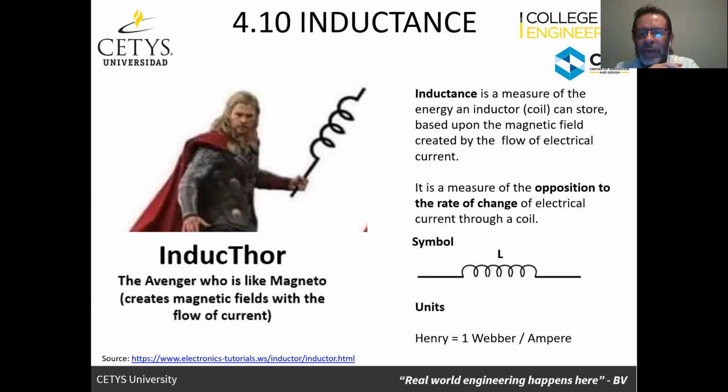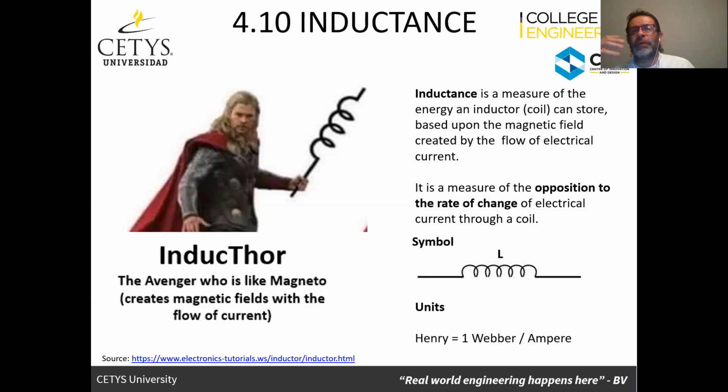We see the symbol there for the inductor. It's a coil, like a bobbly line. That's the symbol. Inductance is represented by an L. The units are henries, and a henry is 1 Weber per ampere, per amp.